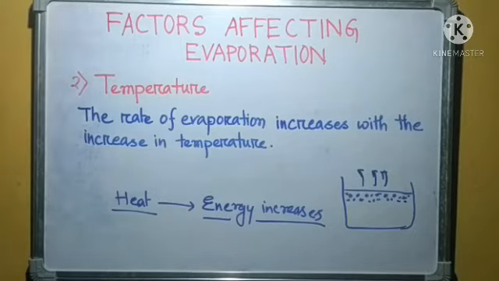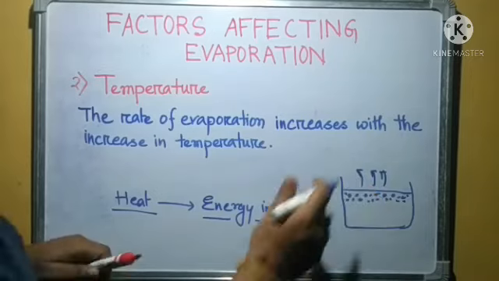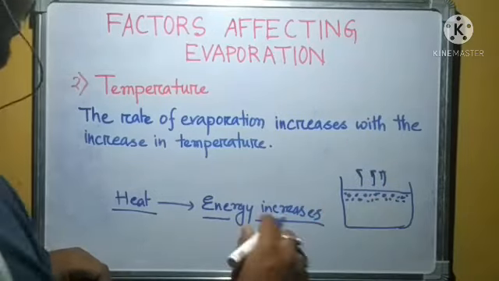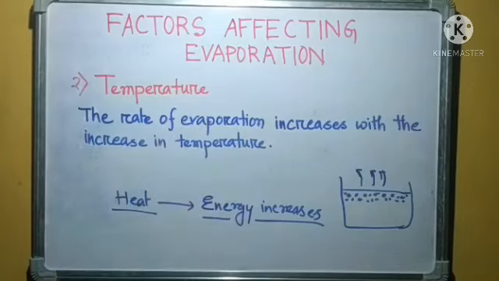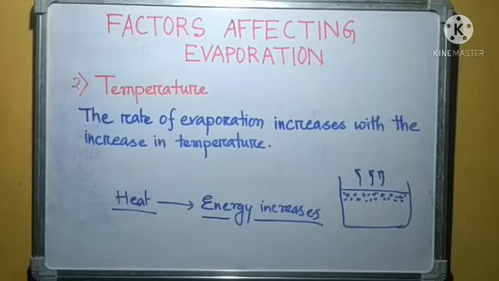So more particles will have higher energy than the force of attraction between the particles of the liquid, and more particles will evaporate. The liquid will evaporate faster. So when temperature increases, the rate of evaporation increases, because more particles gain higher energy, and the whole liquid evaporates faster.